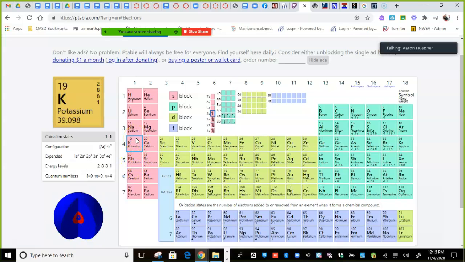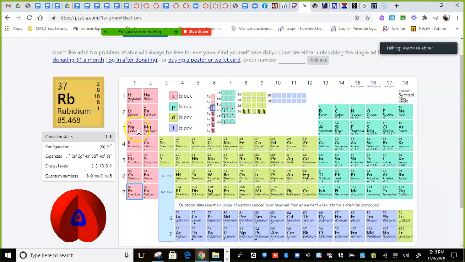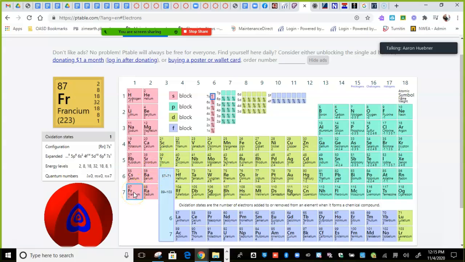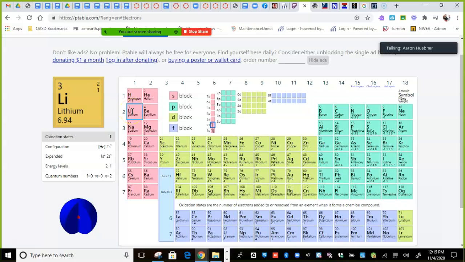Electron shielding. Talking about chemistry is way more peaceful, so it lowers the anxiety. What we've got is inner electrons pushing away the outer electrons, and as we go down, as you can see, we have tons of inner electrons for francium, and hardly any for lithium.